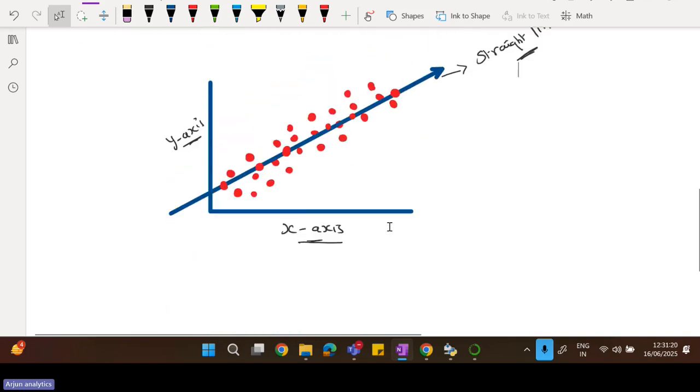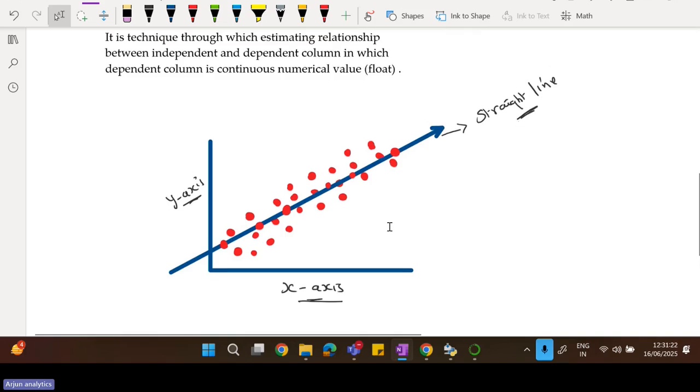Now here we are trying to find the relationship between independent and dependent column by drawing a straight line. Remember one thing, whenever you see a straight line, you always remember that this is called linear.